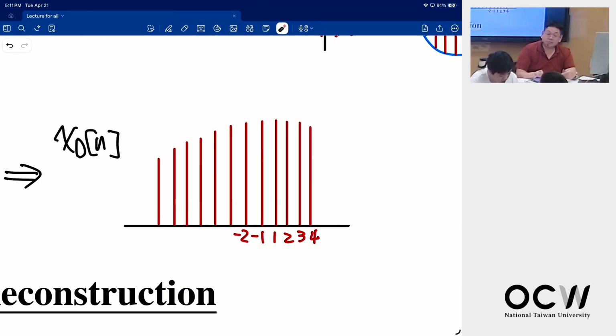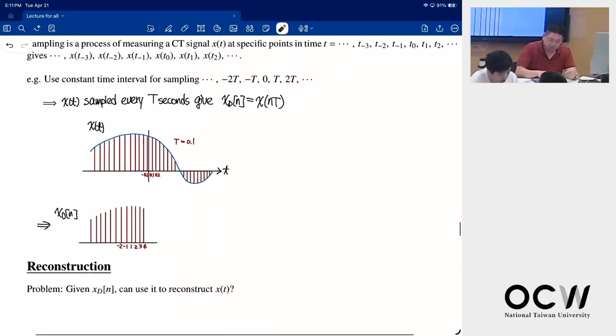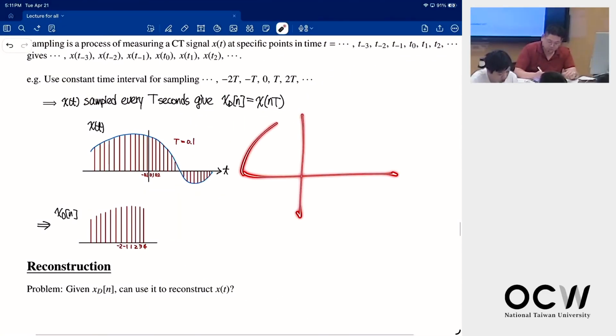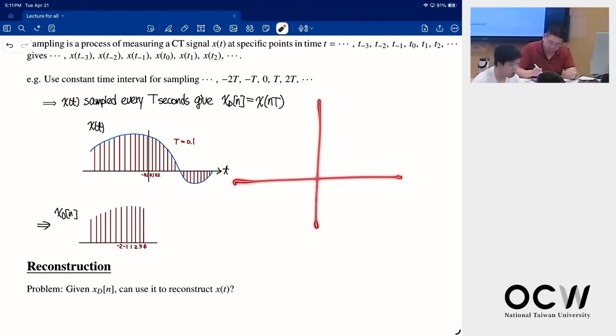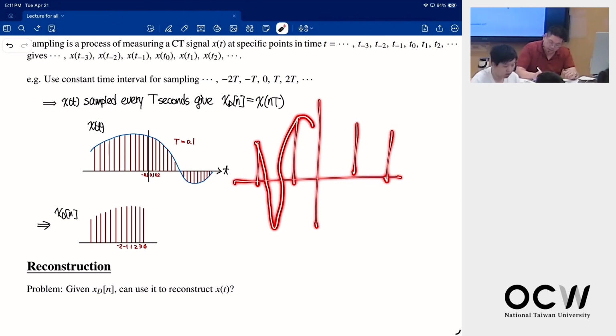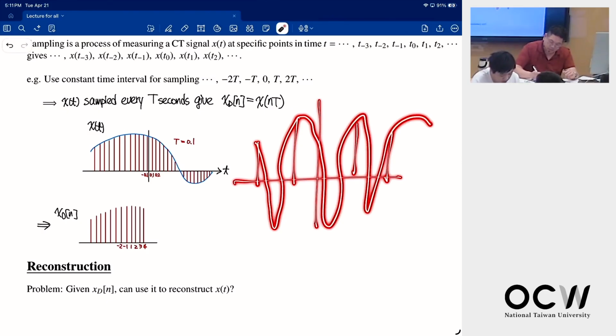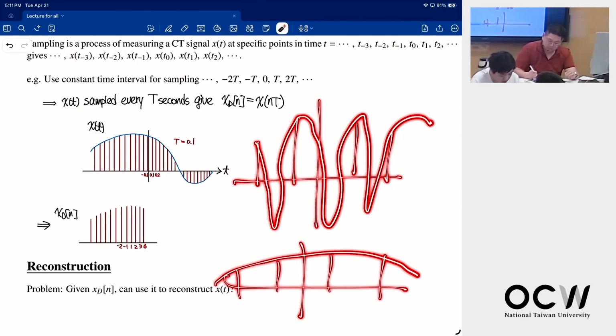For example, if it is too narrow, for this signal, for this one, I may have this signal. I may also have this signal. So the question is, how can I reconstruct our original signal perfectly?